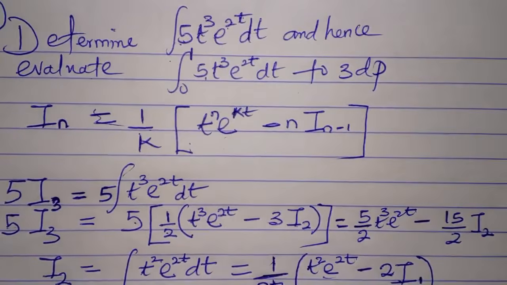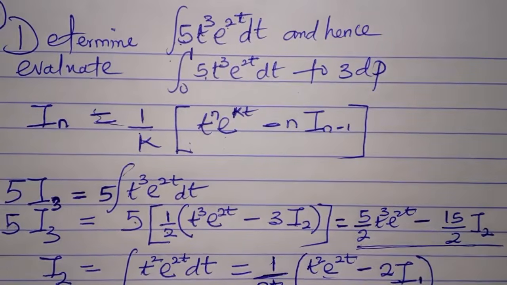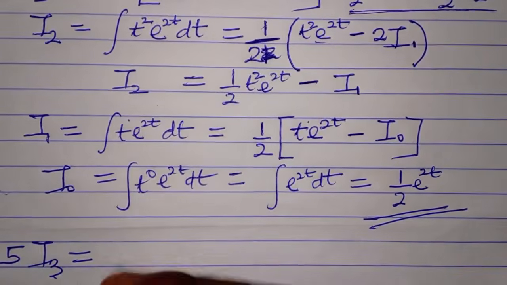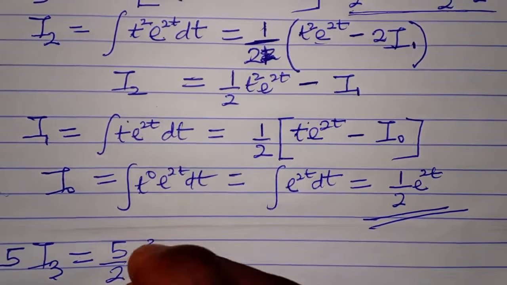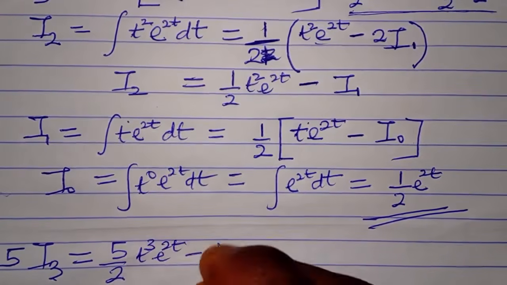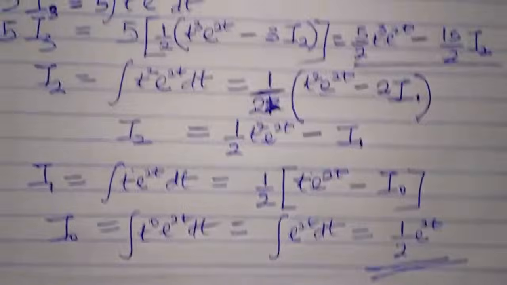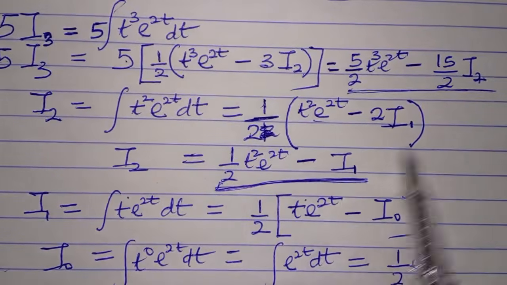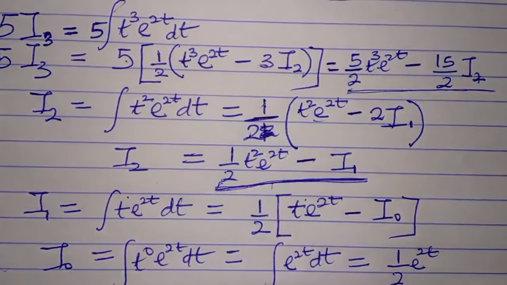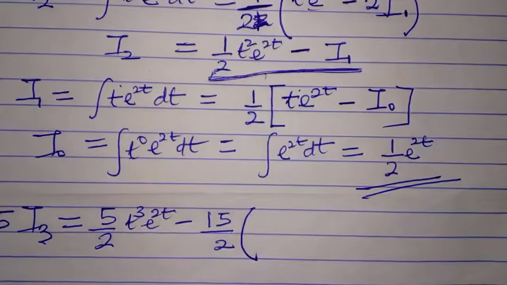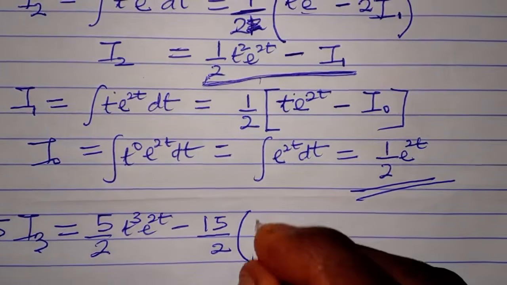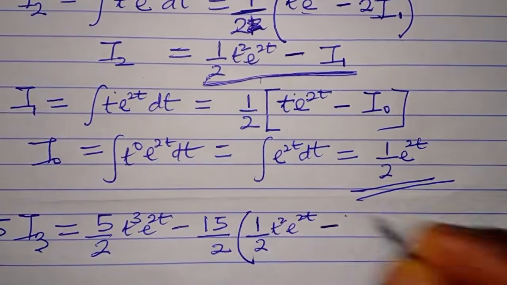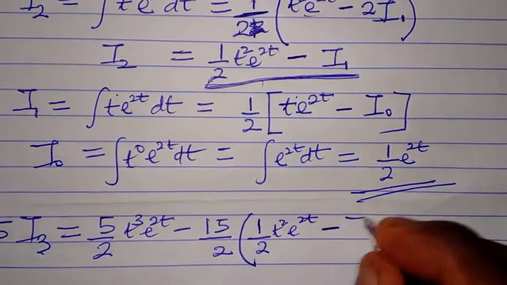To make it easy, this is what I will write now for 5 I3. So 5 I3 is equal to 5 over 2 t cubed e to the power of 2t minus 15 over 2. In place of I2, I'm writing this right hand side because this is what I2 is. So I'll open a bracket now and write I2: 1 over 2 t squared e to the power of 2t minus I1. Okay, let me write I1 first.